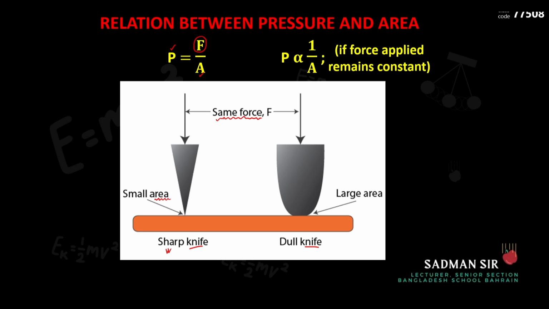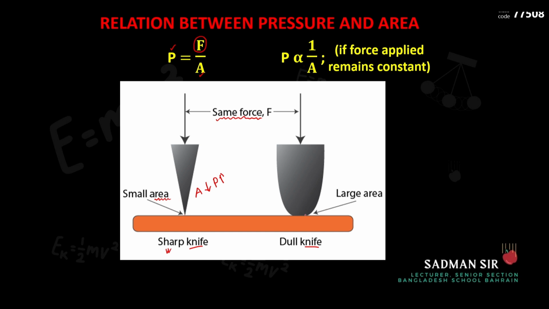So all the force that you are applying is concentrated in this small area, and as a result, a large amount of pressure is being created, right? As the area is small in this case, and pressure is inversely proportional, pressure is supposed to go up. A high amount of pressure will act on this point, and it will easily cut through whatever you are cutting.